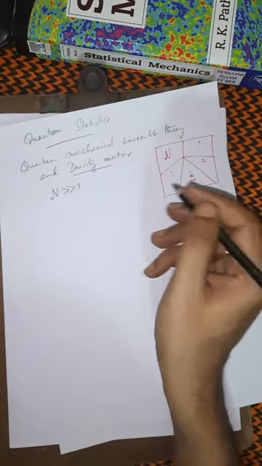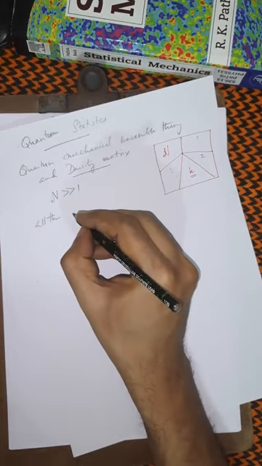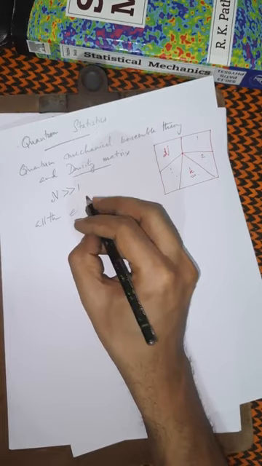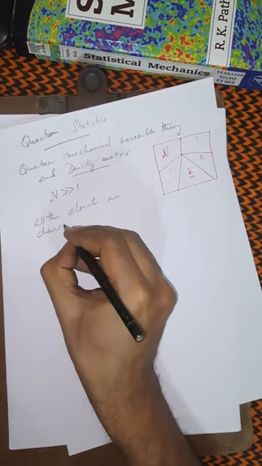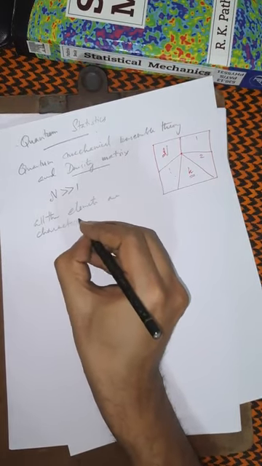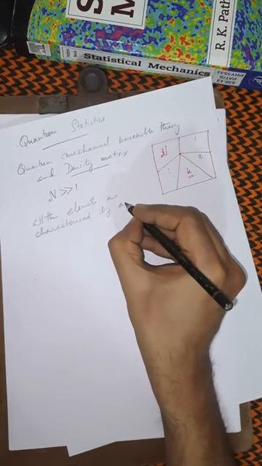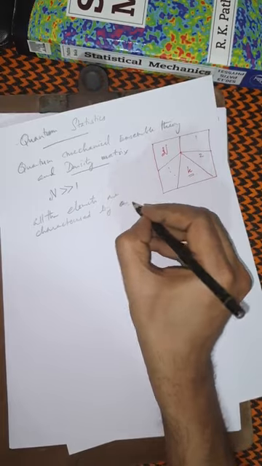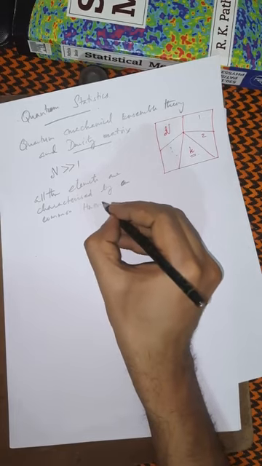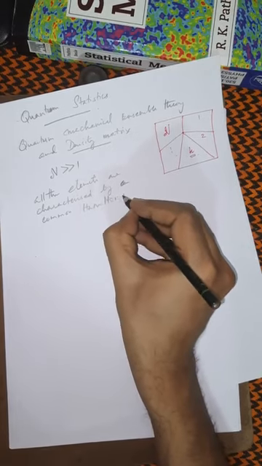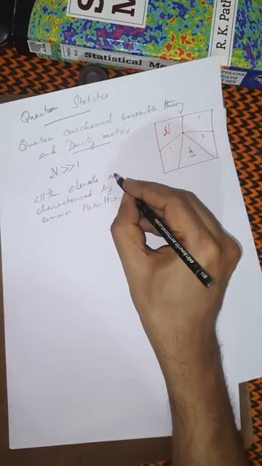And also I assume that all the subsystems or all the elements are characterized by a common Hamiltonian. Okay, so these are the assumptions which I make.